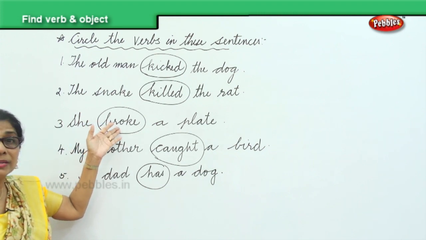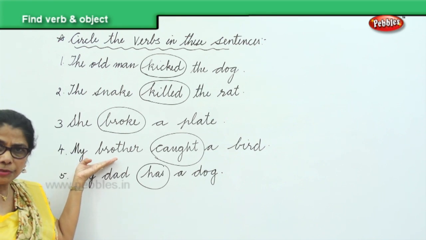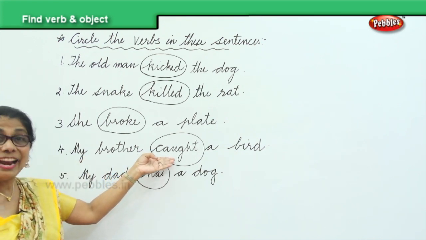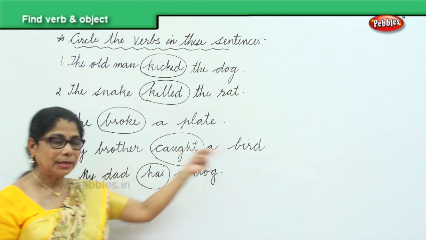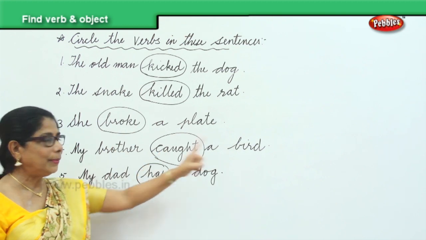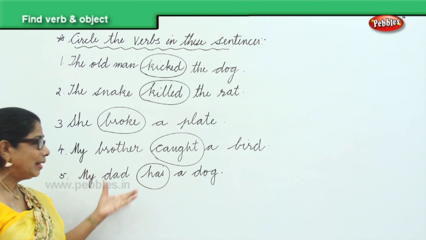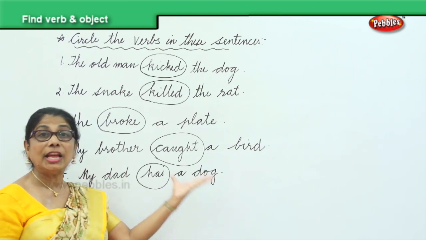Broke. What object did she break? Plate. Now, my brother is the subject here. He caught. Caught is the verb. What did he catch? He caught a bird. So that is the object. Subject, verb, object. And here, my dad is the subject. What does he have? He has. That's the verb. A dog is the object.